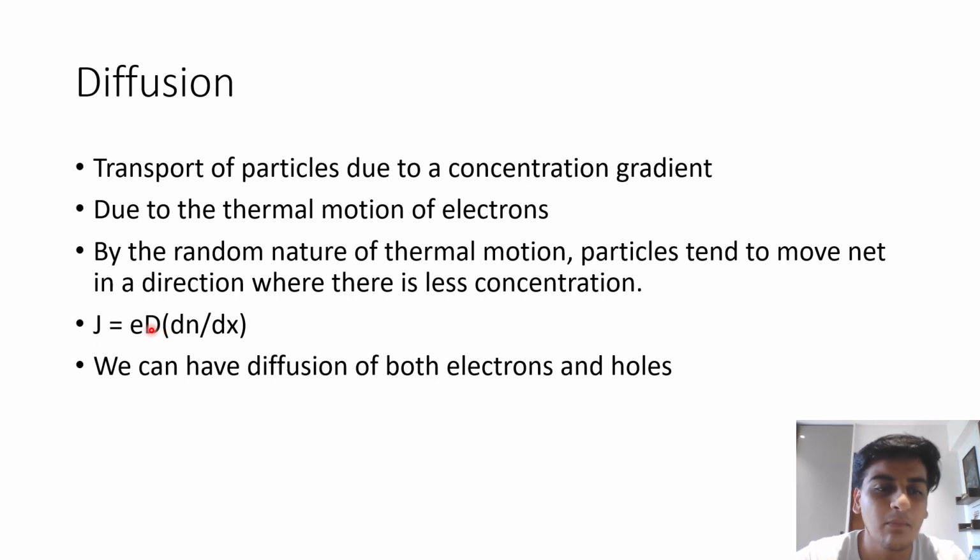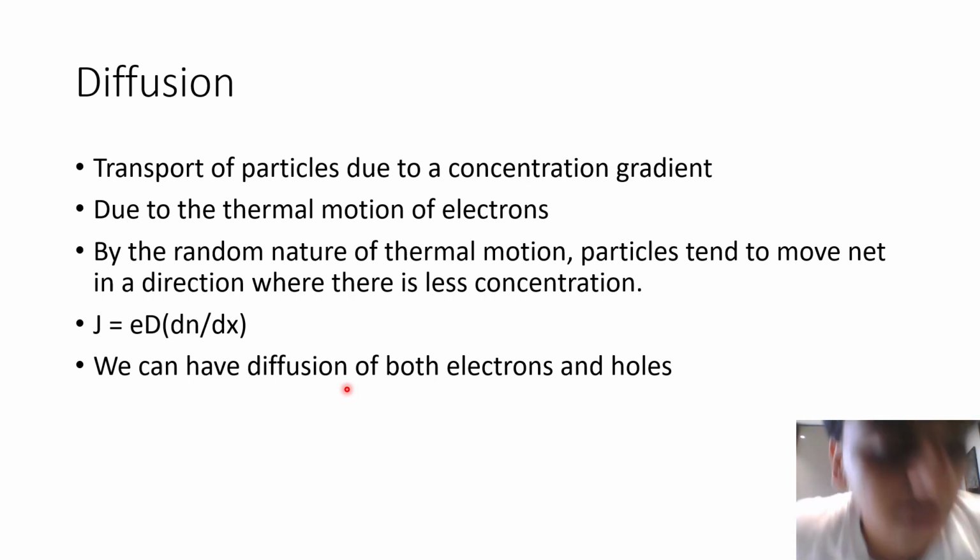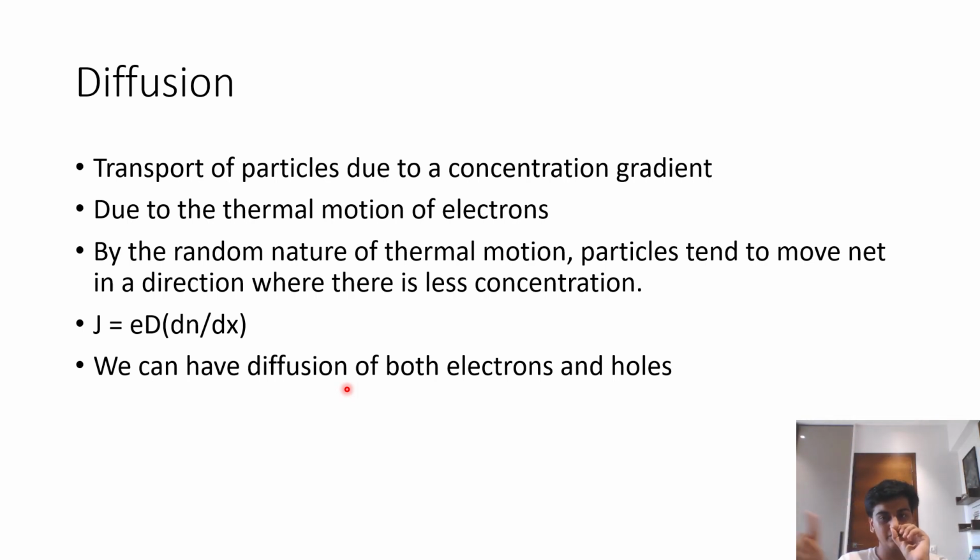And D is just some constant which we call the diffusion coefficient. So intuitively this formula also makes sense. And one last thing is that we can have diffusion of both electrons and holes. Just like you're going to have diffusion of electrons from high concentration to low concentration, you're also going to have diffusion of holes. So you have both these diffusion currents.